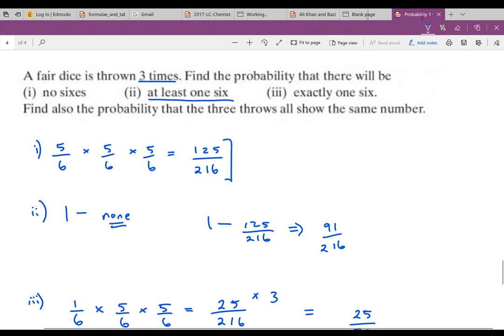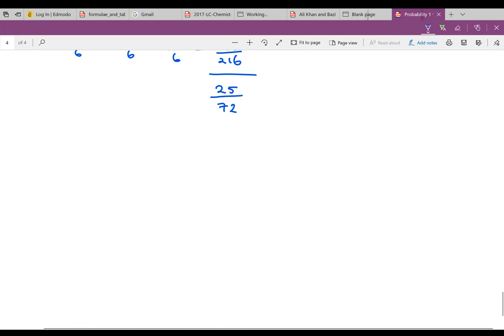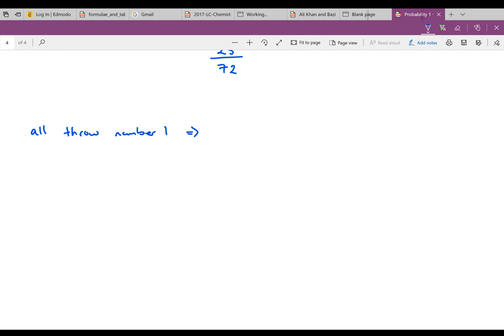Last question says, find also the probability that the 3 throws all throw the same number. So if they all throw the same number, for example, if they all throw the number 1, that would be 1 over 6 times 1 over 6 times 1 over 6, which is 1 over 216.